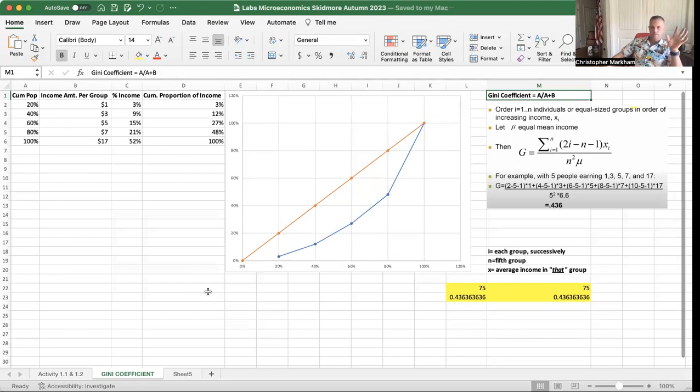That is B. So if you take the Gini coefficient and you just look at it, you say, okay, visually here, A is that space up top between the line of perfect equality and the Lorenz curve, divided by the sum of that space and the space below the Lorenz curve, A plus B.